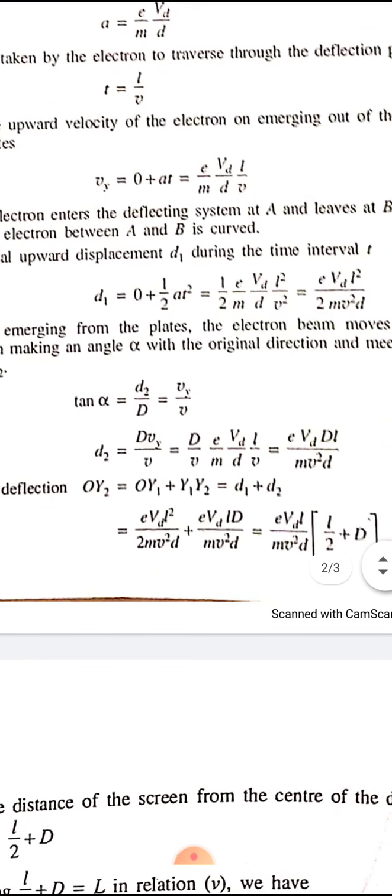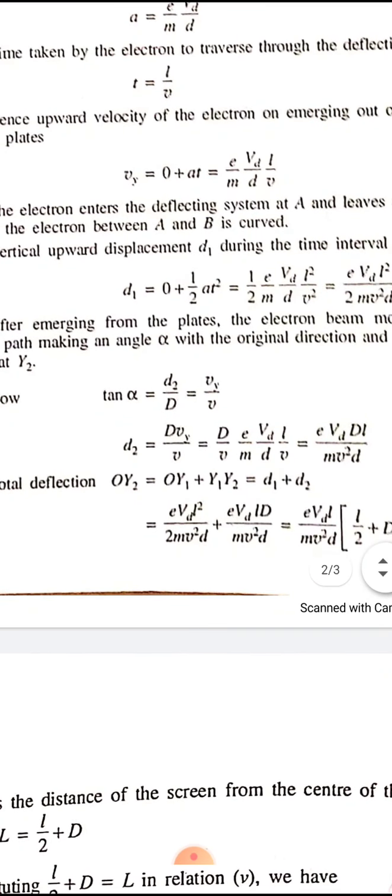So total deflection on the screen will be the sum of d1 and d2.